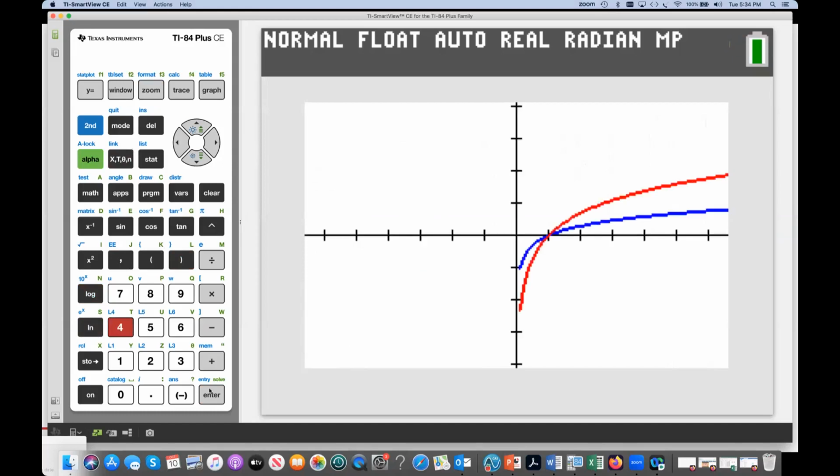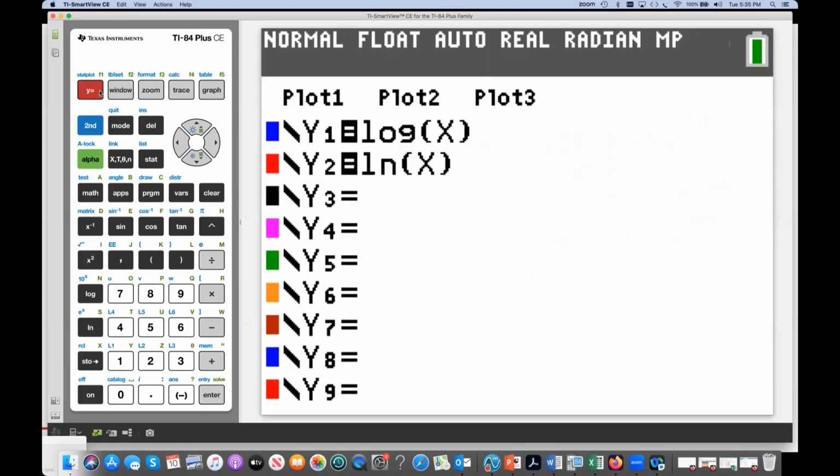All right, so there's those two logarithm functions. They both have a shape that's, in the language of calculus, concave down. They both go through the point (1, 0). Are these really multiples of each other? Well, a way to check that very easily would be to graph a third function that is the ratio between the two.